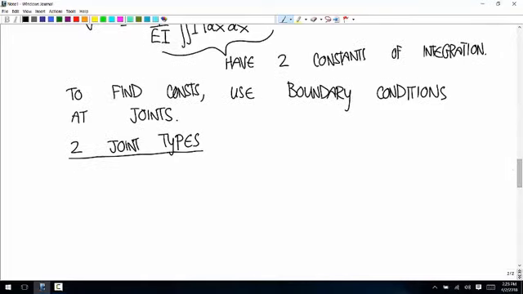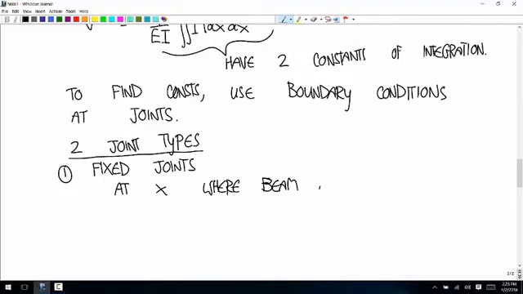The first one is fixed joints. And so at an x value where the beam has a fixed joint, the deflection at that x has to be equal to 0.